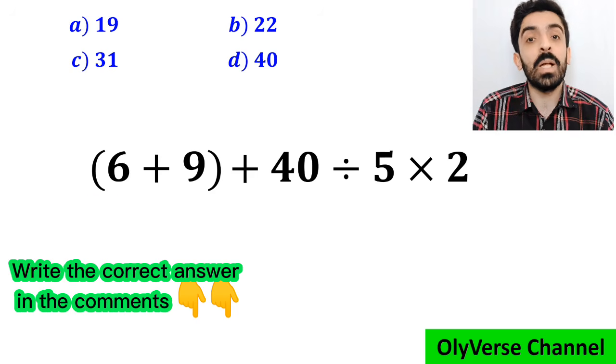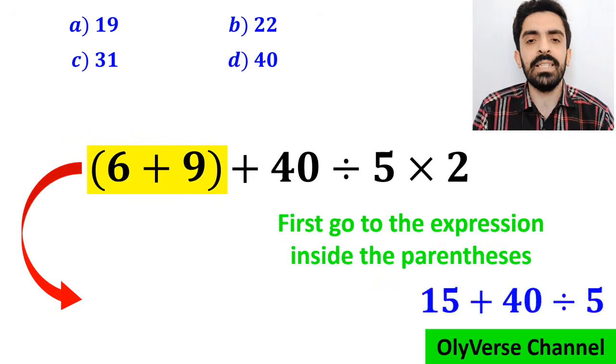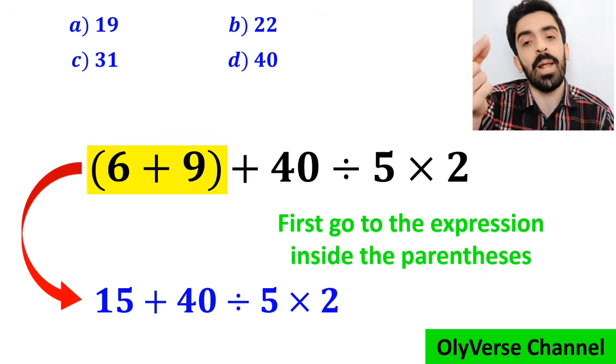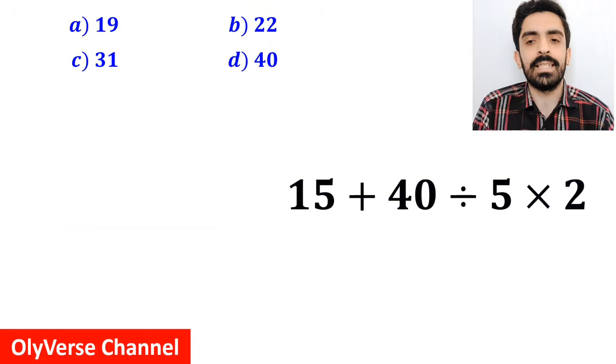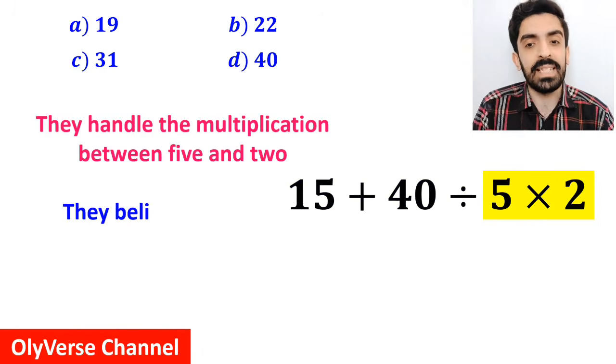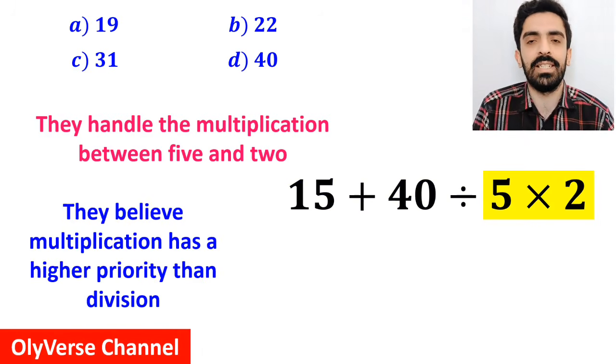Also, some other people, when solving this question, first go to the expression inside the parentheses and write this expression as 15 + 40 ÷ 5 × 2. In the next step, first they handle the multiplication between 5 and 2, because they believe multiplication has a higher priority than division.